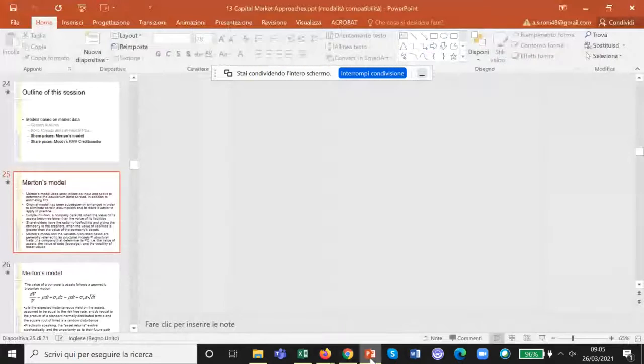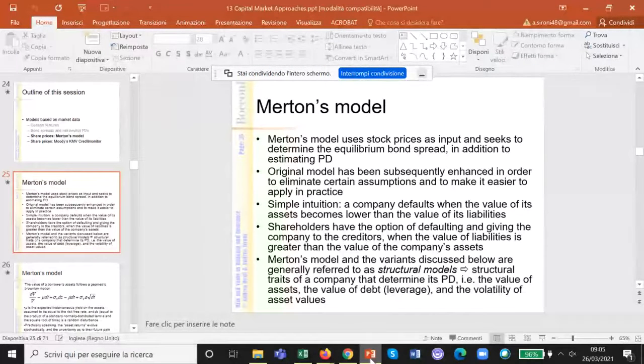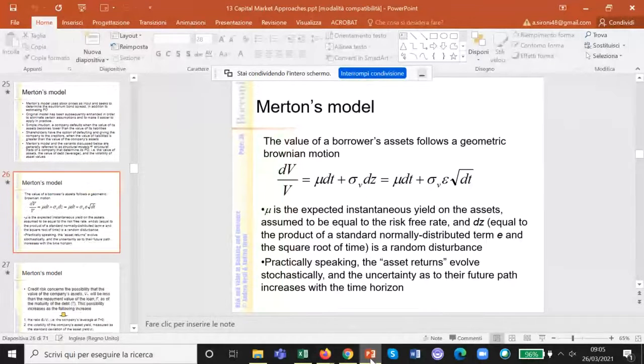What is more? Now, the model is based, first of all, on the value of the borrower's assets evolving over time following a geometric Brownian motion, where the expected instantaneous yield on the asset is assumed to be the risk-free rate.